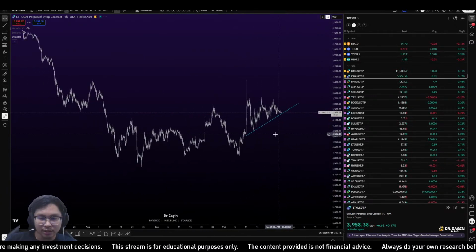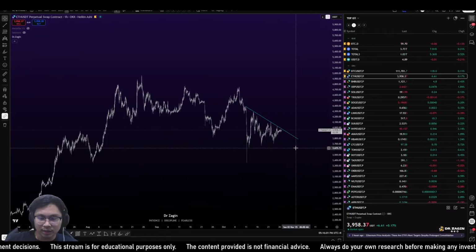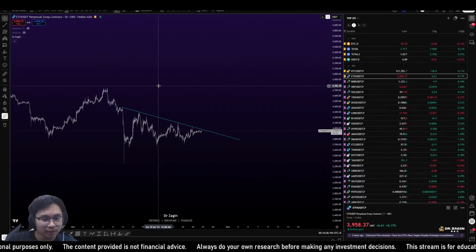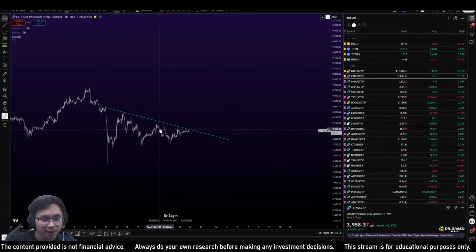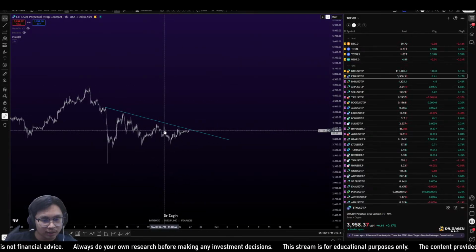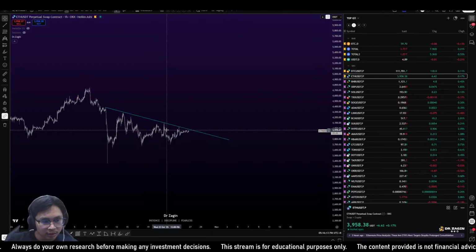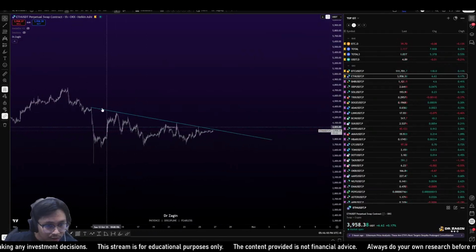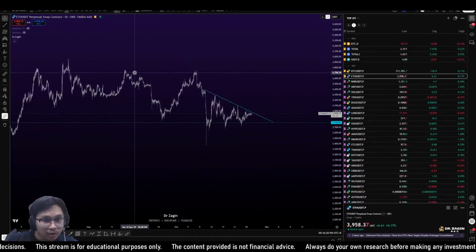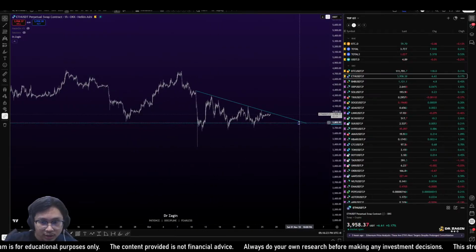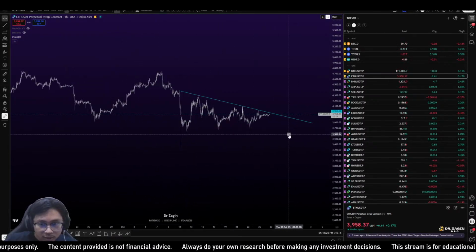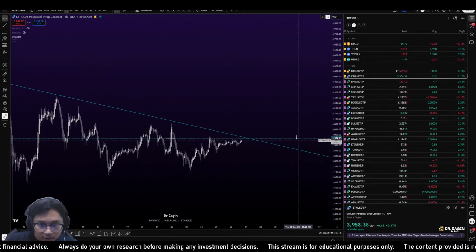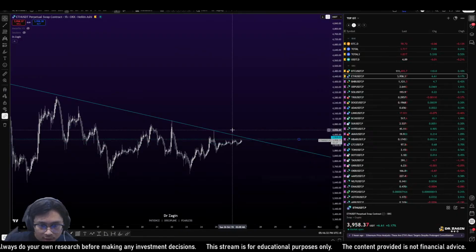Is this a valid trend line, guys? What do you guys think? Is this a valid trend line? I will put my potential resistance to that. I'm gonna get this. Let's put it here. There you go.